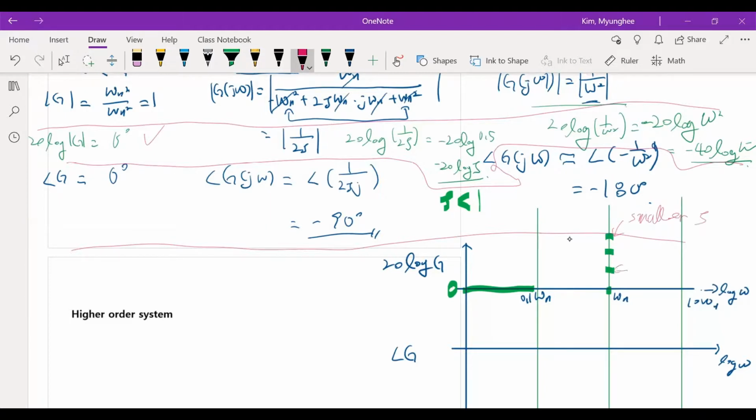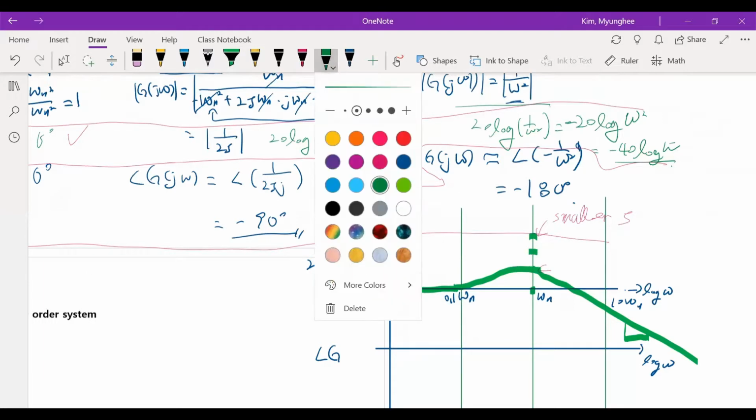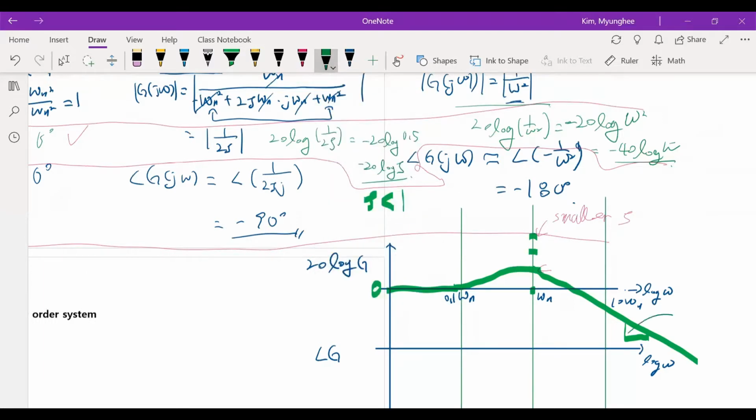And then this is maybe typical ζ, and the magnitude will change depending on the damping ratio. And then when the ω is very, very large, then it will decay at negative 40 decibels per decade, which we found just before.